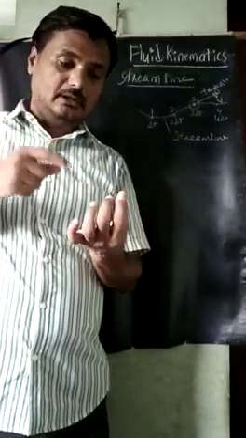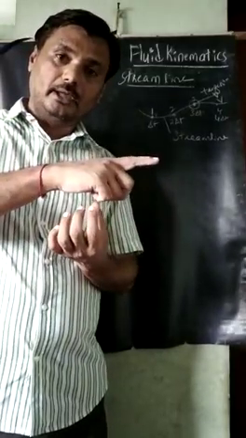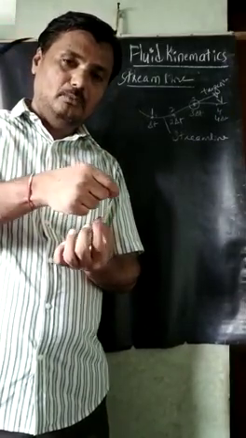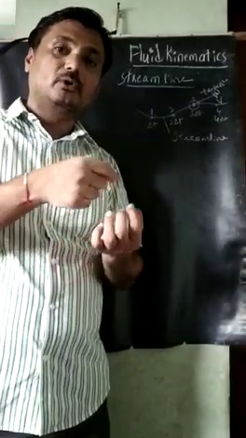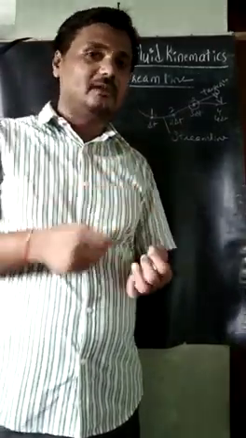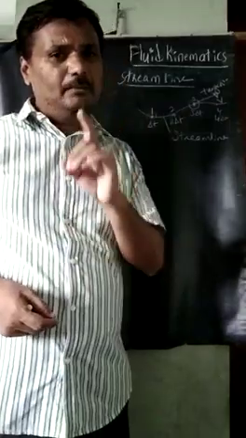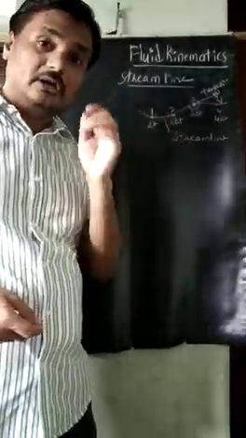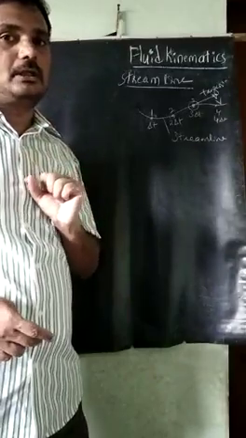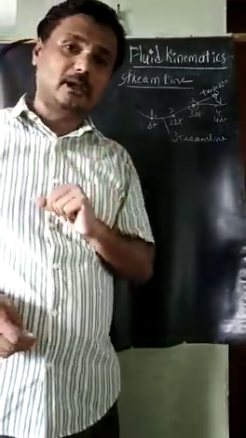If fluid is flowing in that transparent pipe and color dye is put in, the dye will move showing how the fluid flow moves at different time intervals. That line is called the streamline. At any point in this streamline, if I draw a tangent, that will represent the velocity at that point. This is called the streamline.